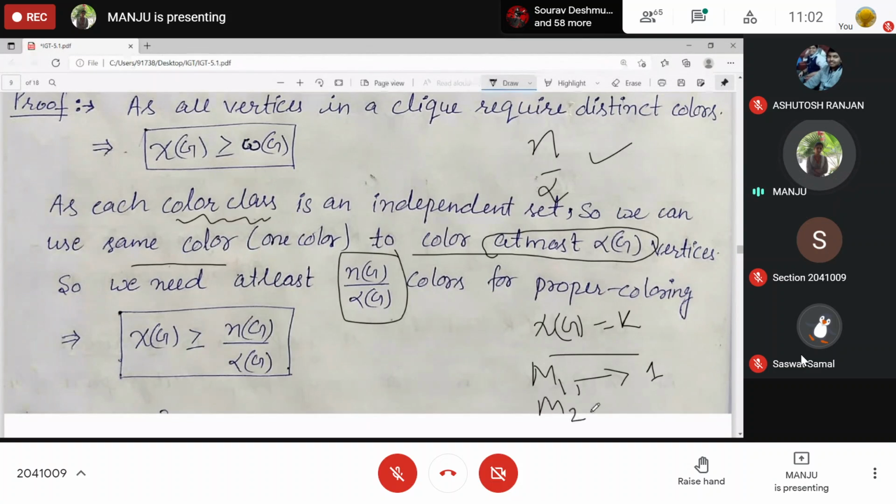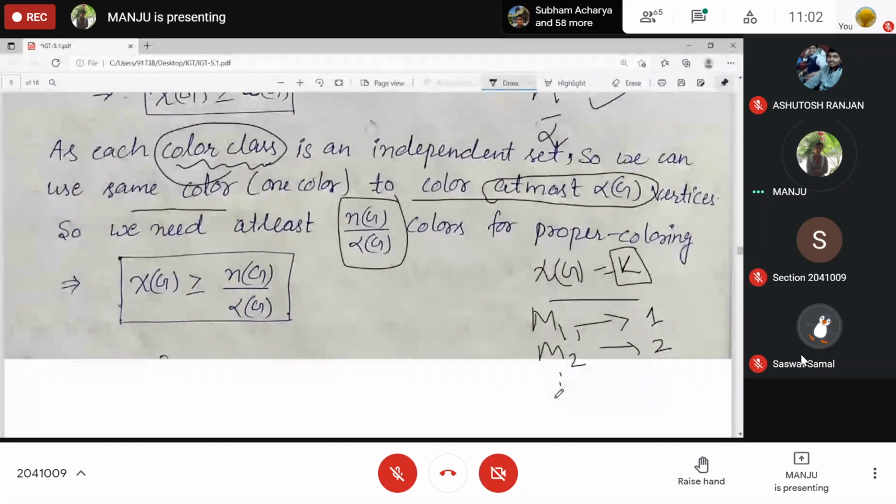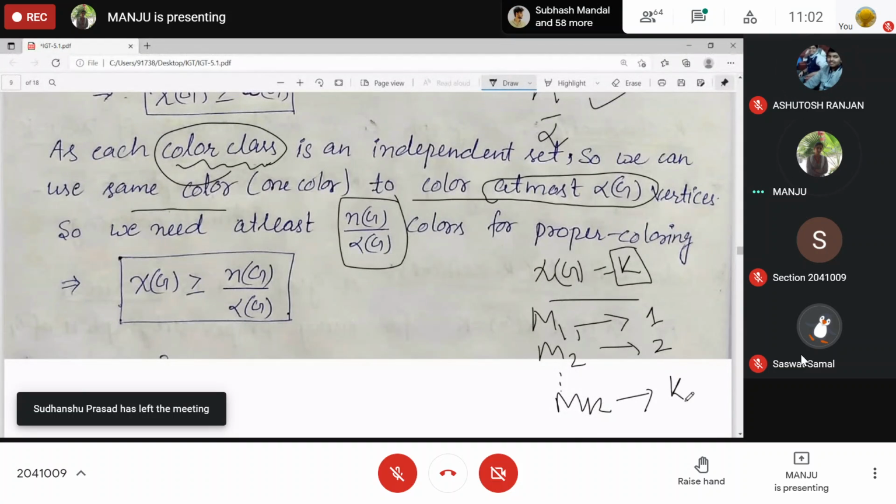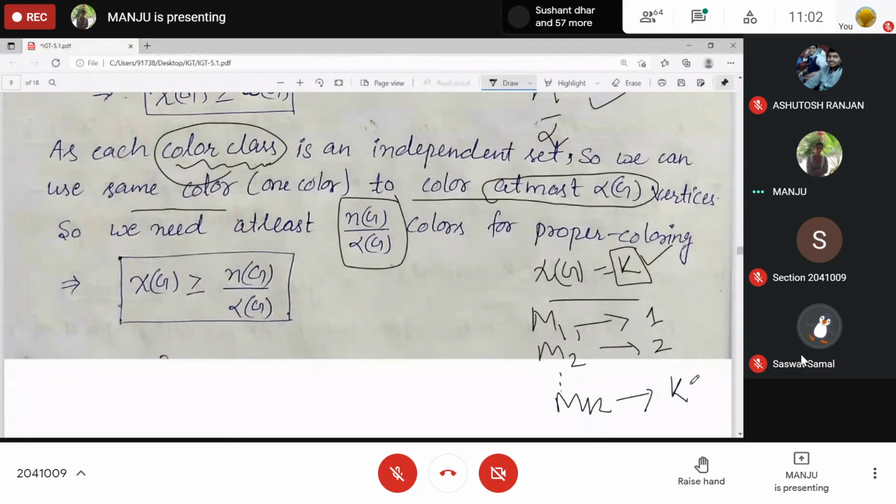M2 is another color class. M1 is the first color class, M2 is the second color class, and so on. How many color classes can we have? K color classes, right? Are you getting it? The minimum number of colors is K. So the maximum number of color classes is K.